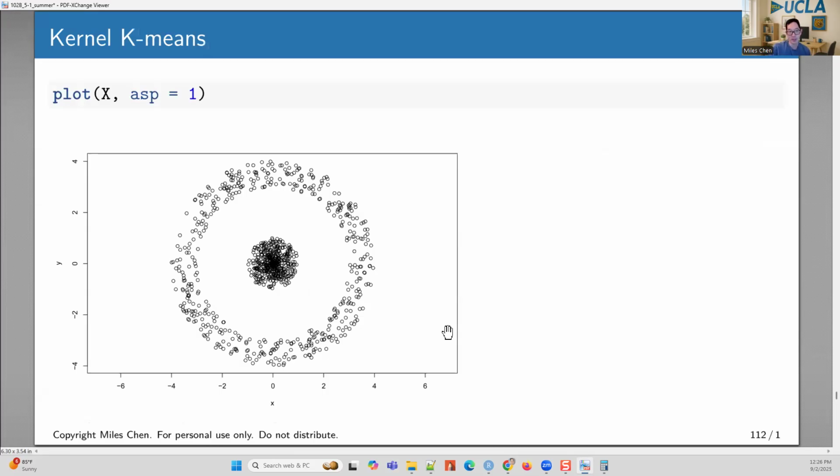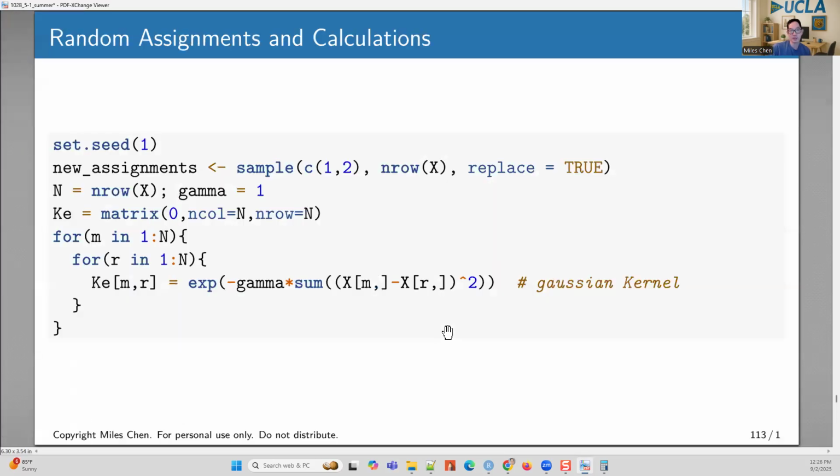So here I've run it, and our kernel function is e raised to the negative gamma times the distance between xm and xr, where we take the difference, square it, and add them up. This is our kernel function for the radial basis function, or Gaussian kernel.